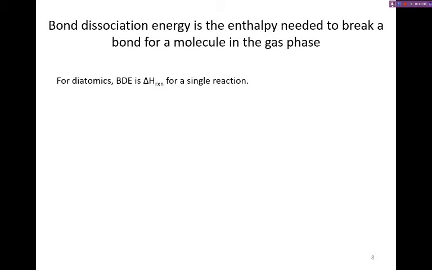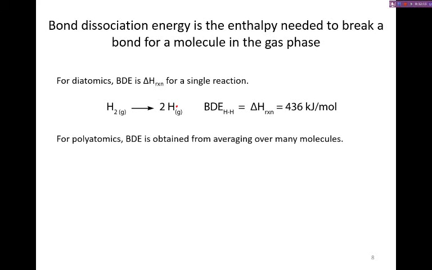in the gas phase. So for a diatomic, we can do this with just a single chemical reaction, where we take the hydrogen, we break it apart, and they actually become hydrogen radicals. The bond dissociation energy there is 436 kilojoules per mole. For polyatomic elements, the bond dissociation energy is obtained by averaging over many different molecules.